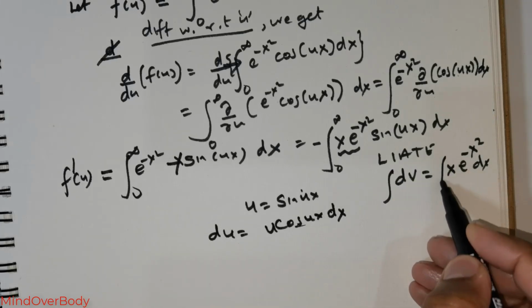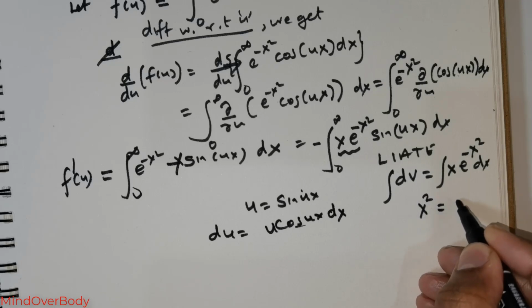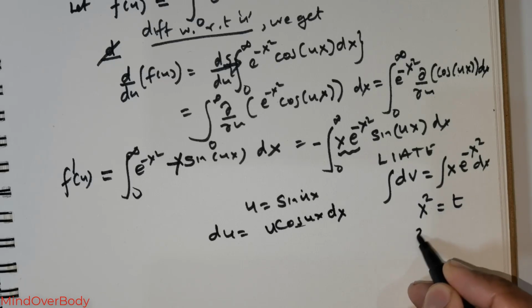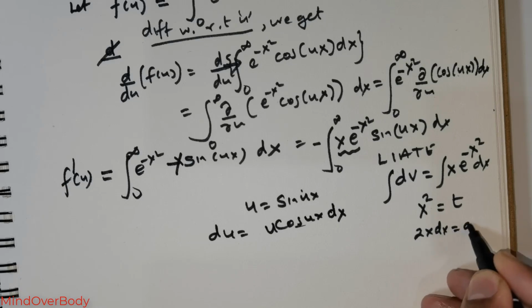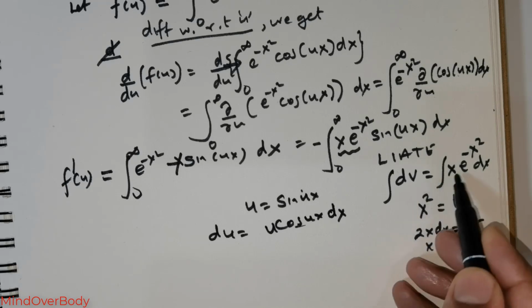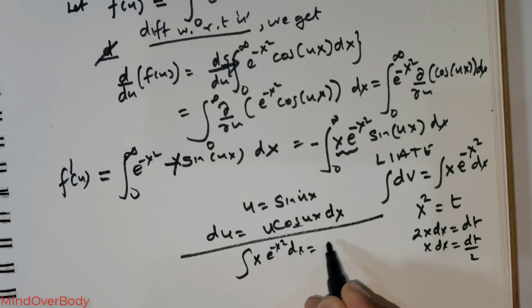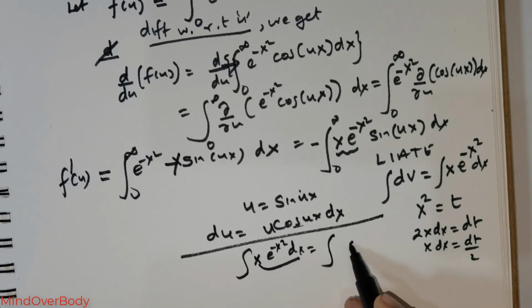Now to integrate this, let me take x squared to be equal to some t. This is going to be 2 times x dx equal to dt. So x dx is equal to dt divided by 2. So let me use the space here. Integral x times e raised to the power of negative x squared dx is equal to integral, in place of x dx we substitute dt, there is a 2 there, so place it as 1 over 2 times e raised to the power of negative t.